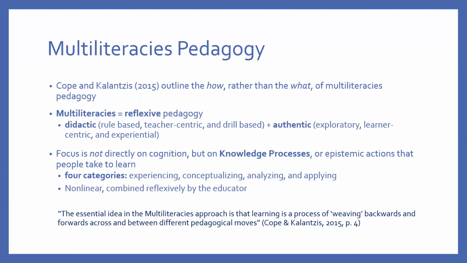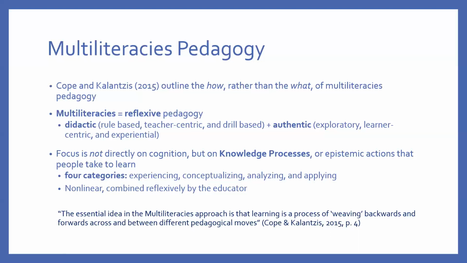as nonlinear. They're woven together, they're symbiotic in nature, and they are combined reflexively by the educator. So even though they're called processes, they don't go in a particular predetermined order. For example, you don't necessarily have to begin with experiencing and then move on to conceptualizing and then analyzing after that.